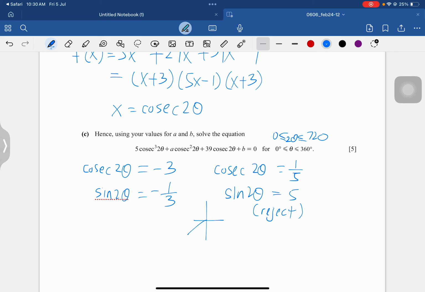Okay, sine is negative, so it will be in the third quadrant and the fourth quadrant. The basic angle is going to be here. Negative is only used to determine the quadrant, so our basic angle must be positive.